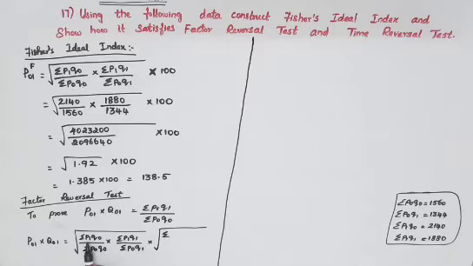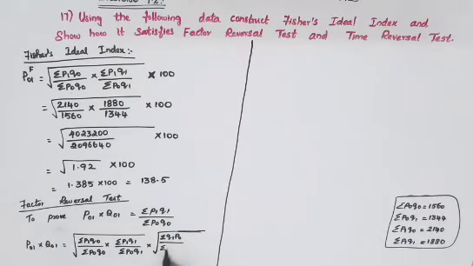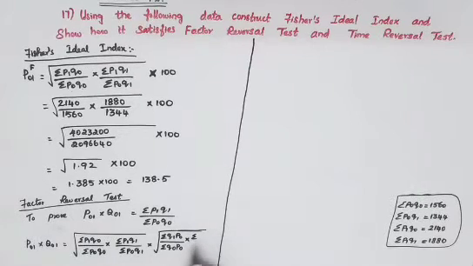That is, P has to be replaced by Q and Q has to be replaced by P. So you will get sigma Q1 P0 divided by sigma Q0 P0, then into sigma P1 Q1, divided by sigma P0, meaning we write Q0, Q1 meaning P1.